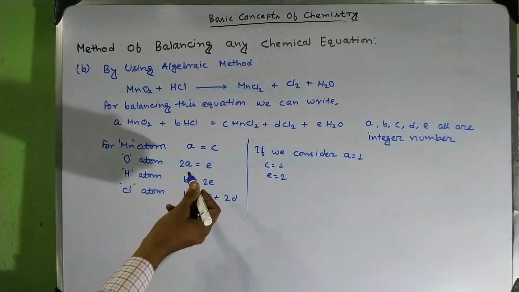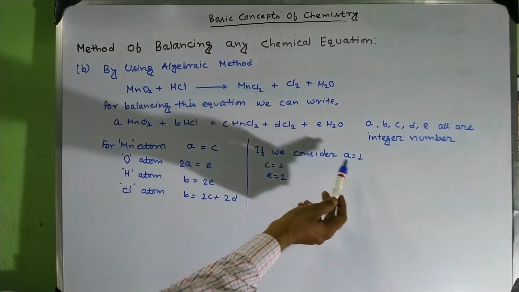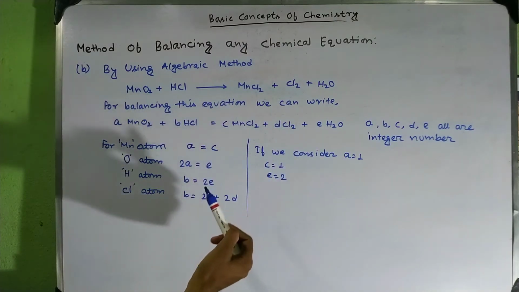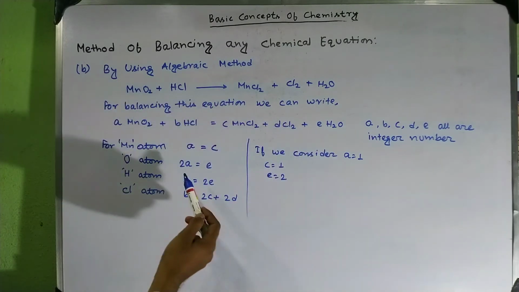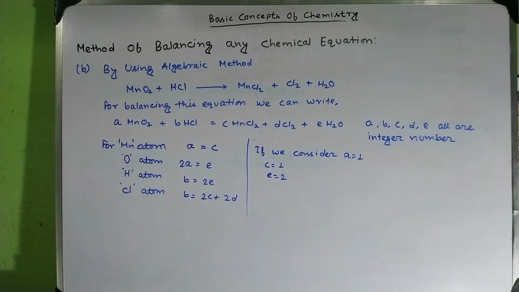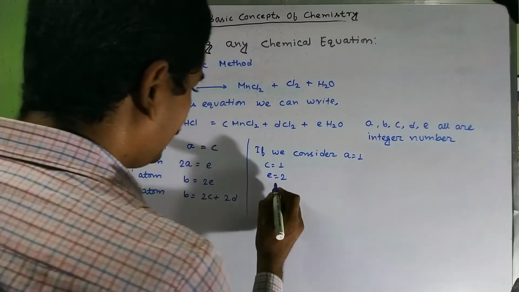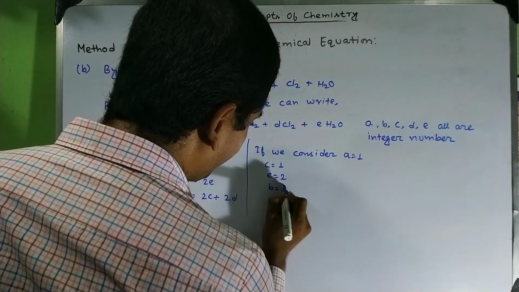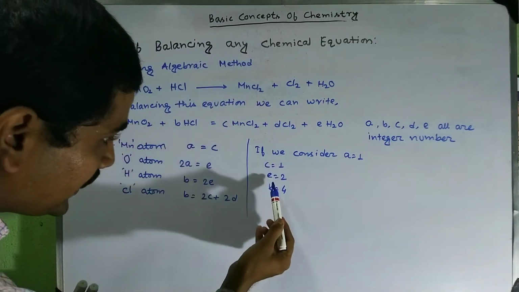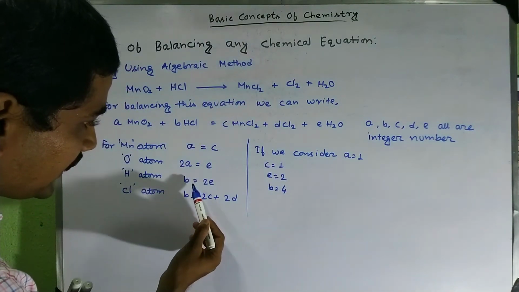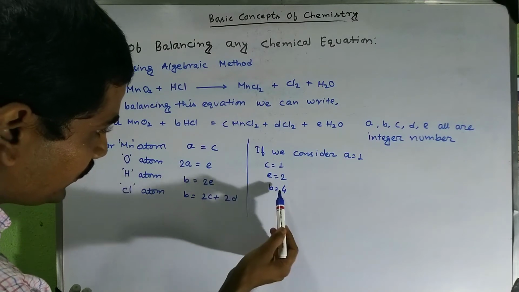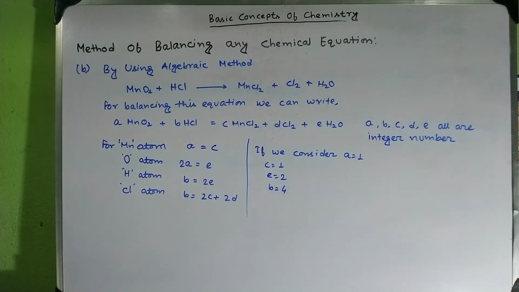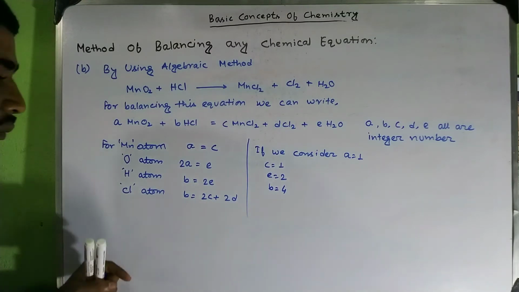Because if A is equal to 1, then C equal to also 1, and A is equal to 1, that's why E is equal to 2. Clear? B is equal to 2 into 2, 4. Why? Because if E is equal to 2, then B is equal to 2 into 2. That's why it becomes 4. Clear or not? Clear? Now we calculate the value of D.